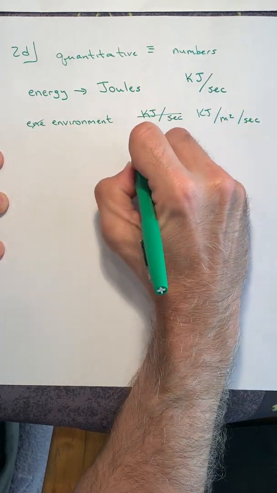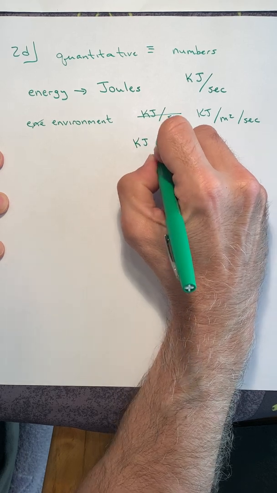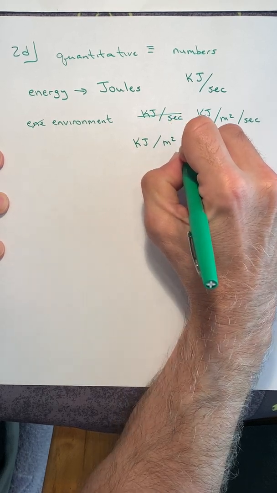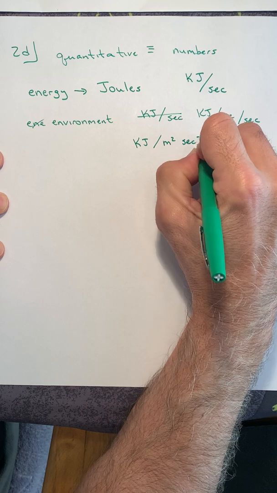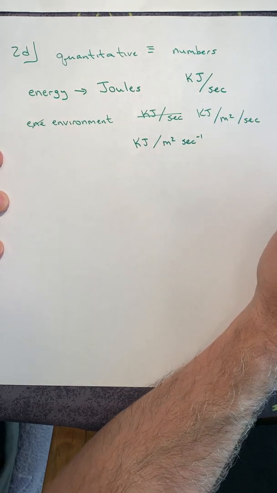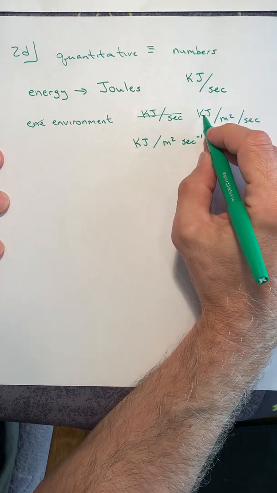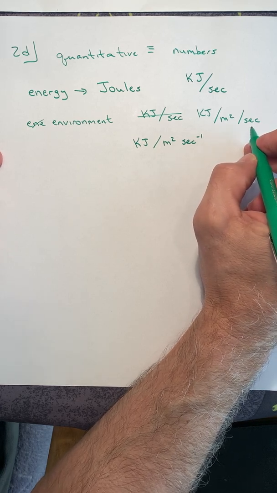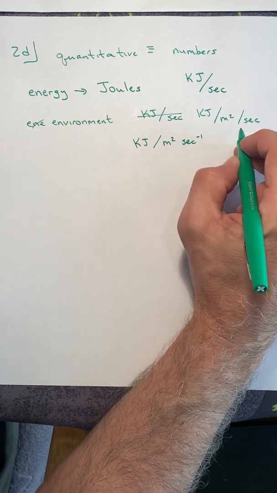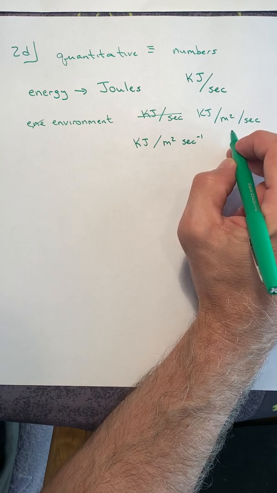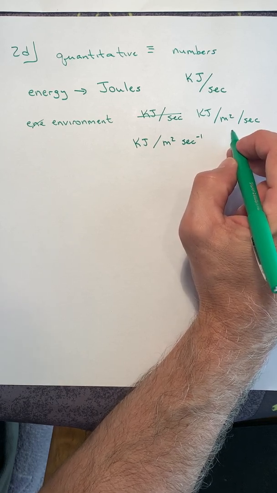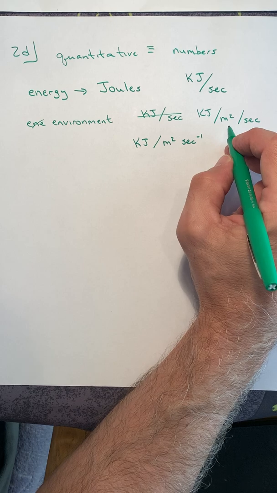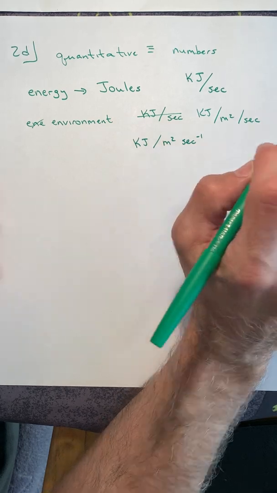So you will also see that as kilojoules per meter squared second to the -1. All right, so it's how much energy is put in every square meter per second, okay? This is the same quantity that they talk about when you get into solar panels. How much energy can the panel absorb per square meter per unit time, right?